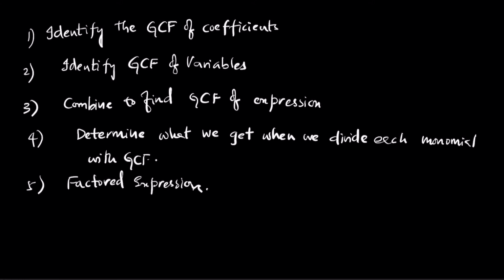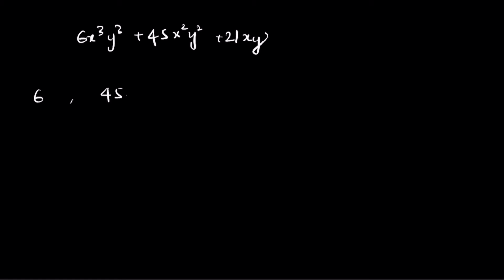So let's take an example and do this part by part. Let's say I have the expression 6x cube y cube plus 45x square y square plus 21xy. So we are looking for the GCF of the expression. Split them into constants and variables. The constants are 6, 45 and 21. The variables are x cube y cube, x square y square, and xy.